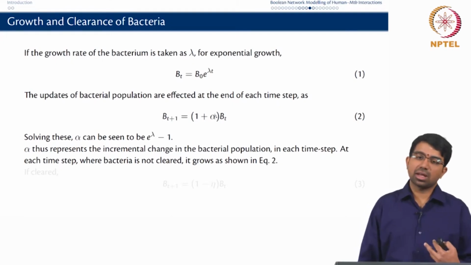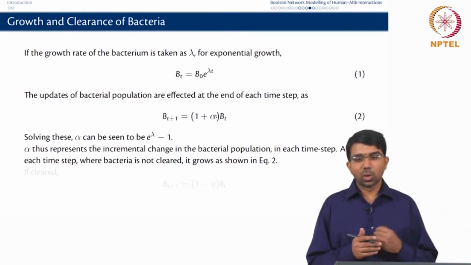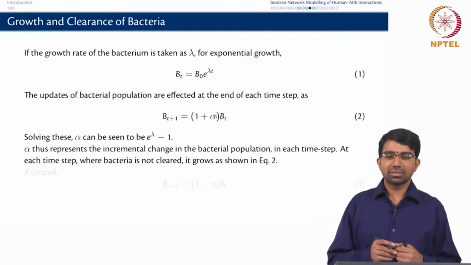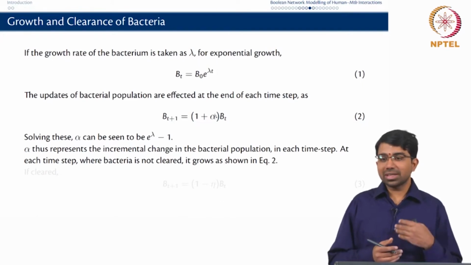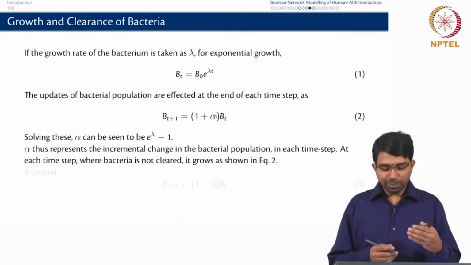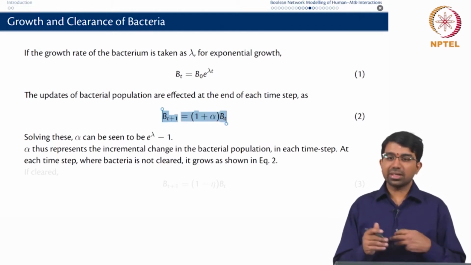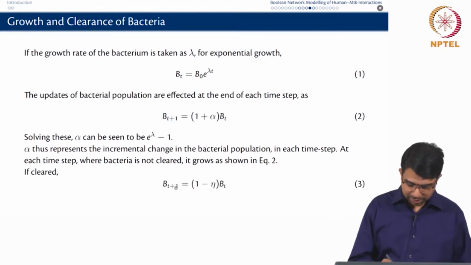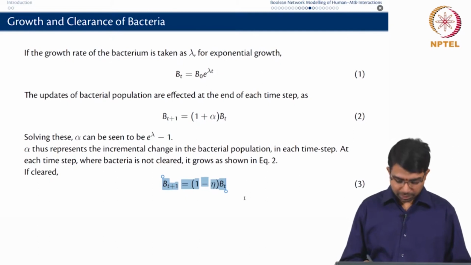If conditions are good for bacterial clearance, right. So, what does bacteria growing and clearing mean as far as the Boolean model is concerned? True and false, right. If bacteria star evaluates as true, I will use this equation to grow the bacterium. If bacteria star evaluates as false, I will use this equation to clear out the bacterium.